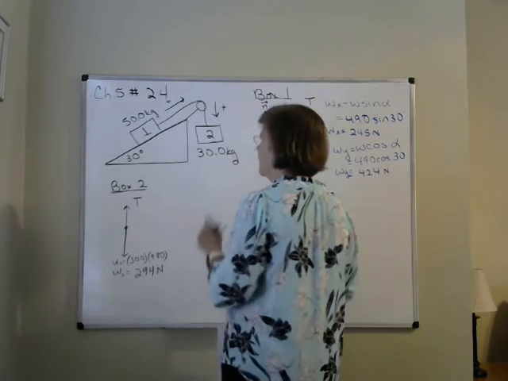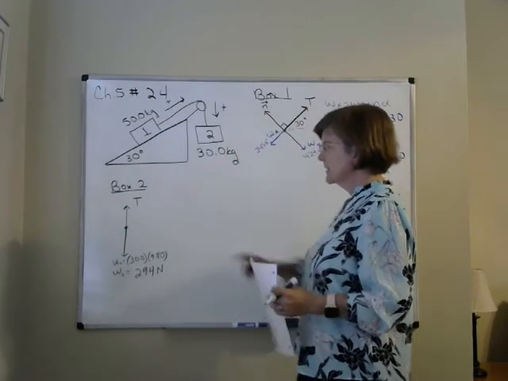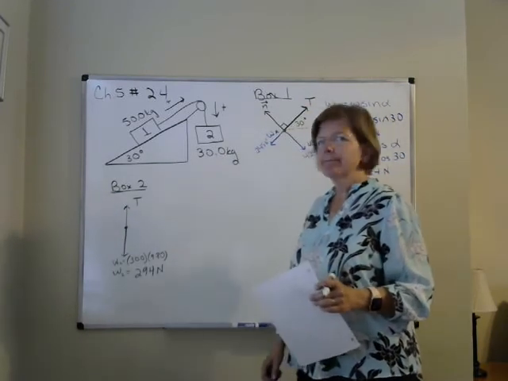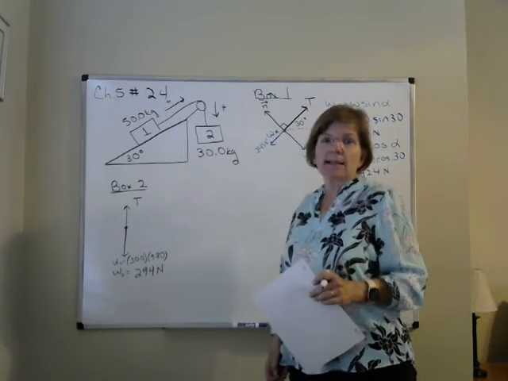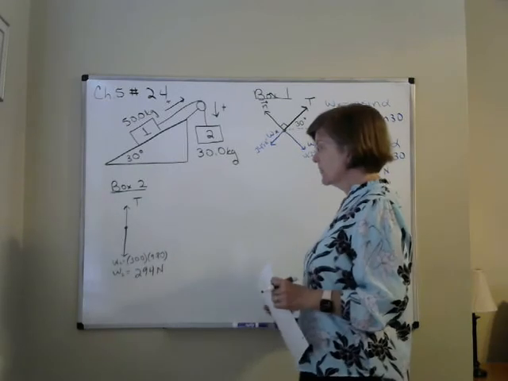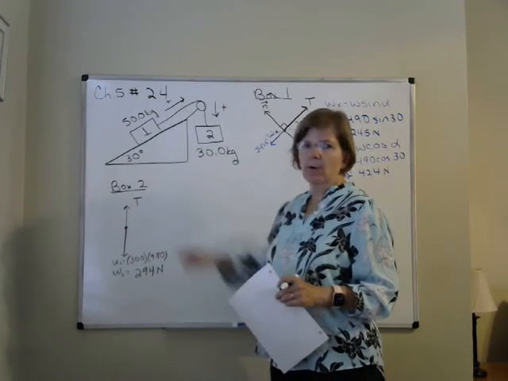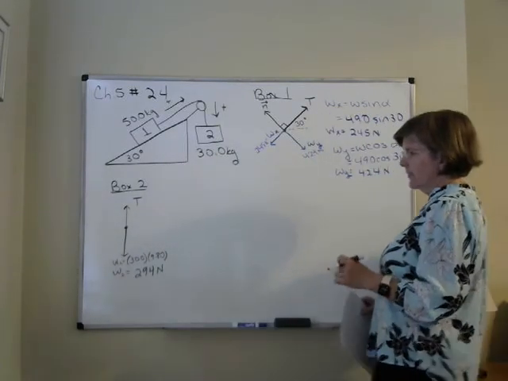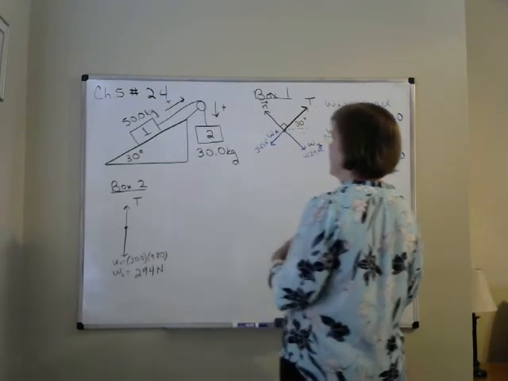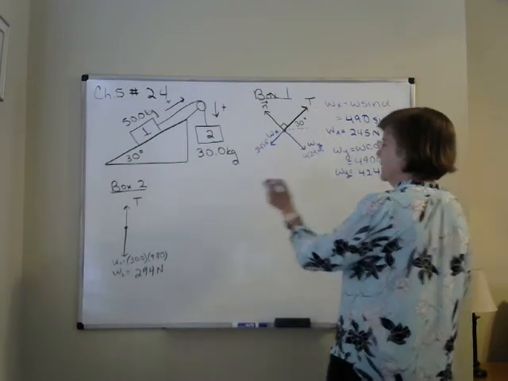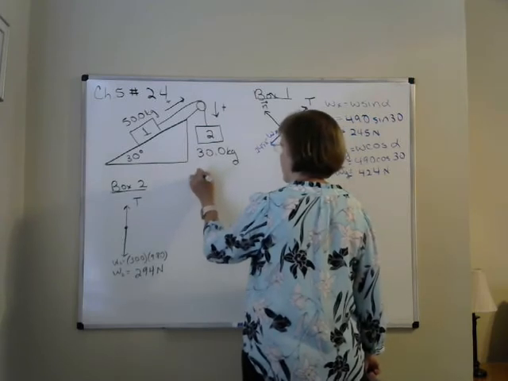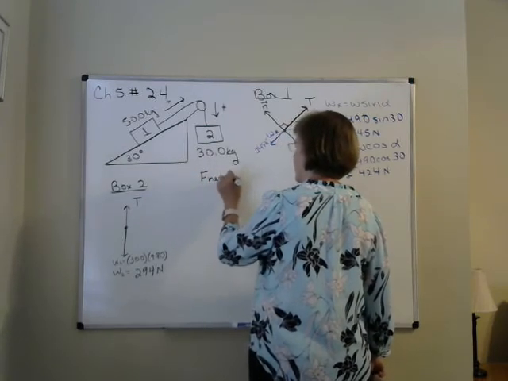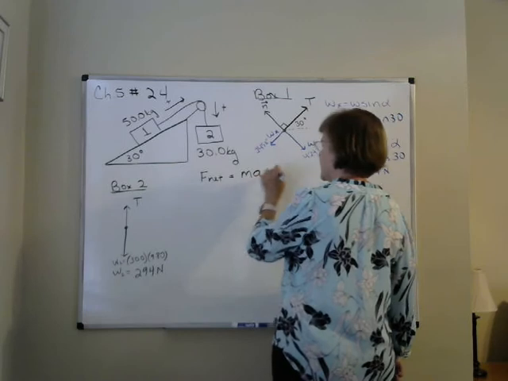Now, avoid the temptation to say, oh, the tension is 294 newtons. Not if this thing is accelerating. If this is accelerating, these two forces can't be equal. We think it's accelerating. So we need to be really careful. But we can start getting equations. We can write the equation for F net equals mass times acceleration.